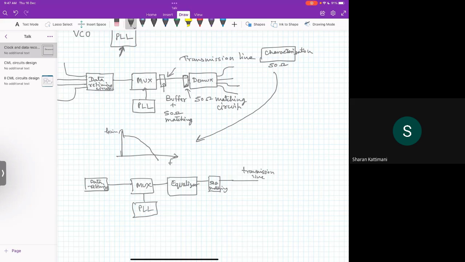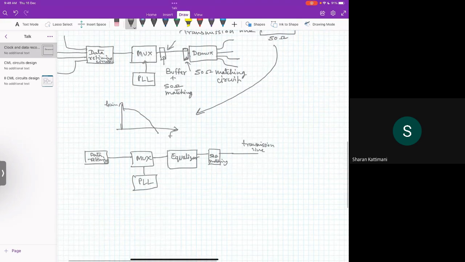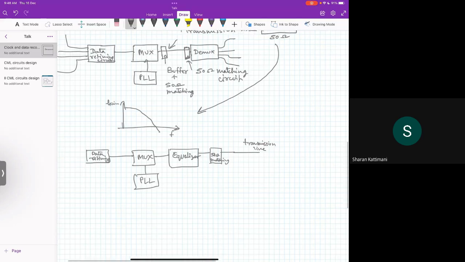In general there are different kinds of equalizers. Some of the equalizers we put at the transmitter side, and some we put at the receiver side. In particular, on the transmitter side we put an FFE, that is called a feed forward equalizer.